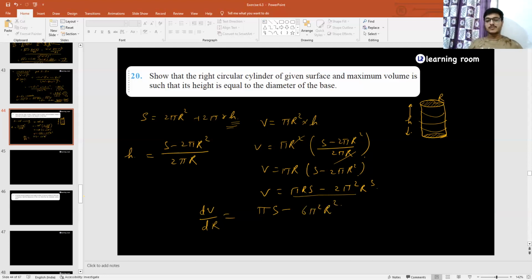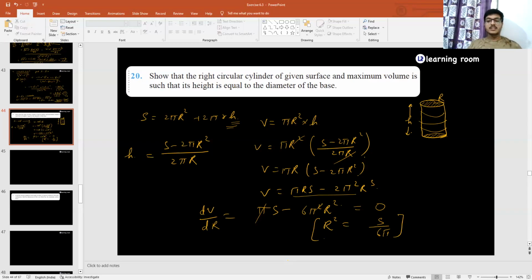Agree with this, yes or no? Yes, sir. So if you equate this with 0, r square will be, cancelling pi, s by 6 pi. Understood? This is our r square.